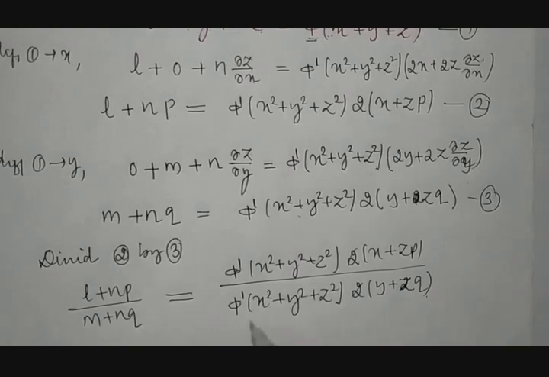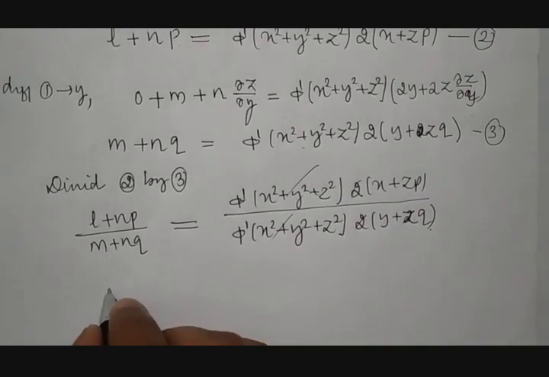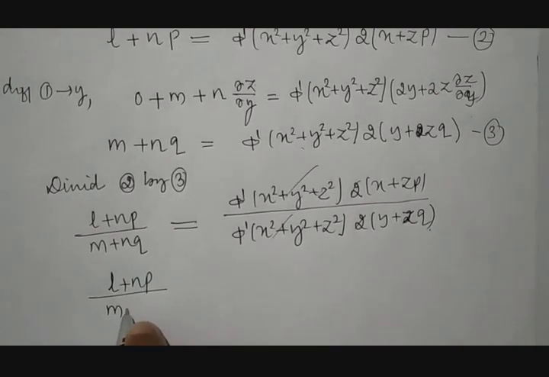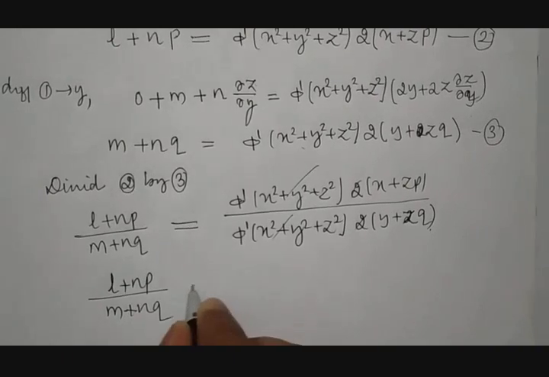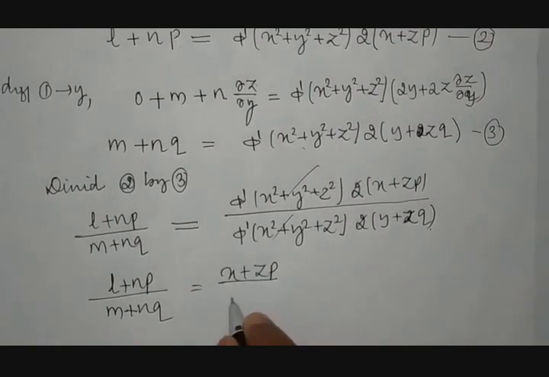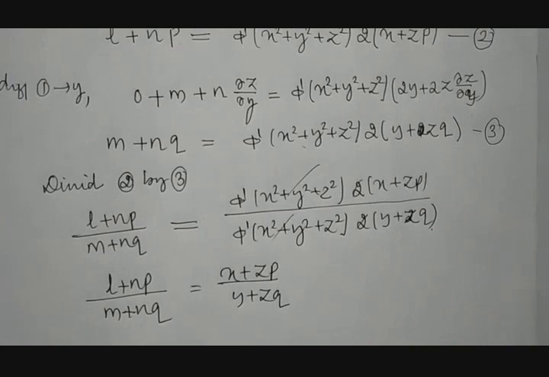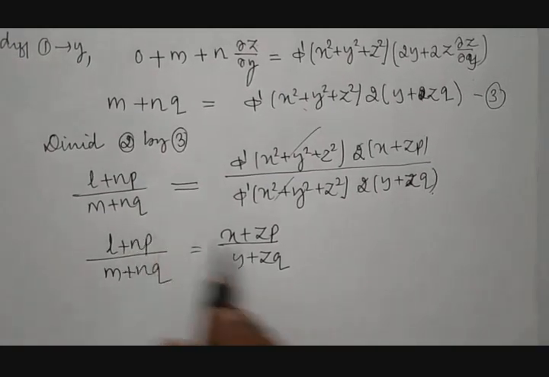Here 2 gets cancelled and this function also gets cancelled. Therefore, L plus np divided by m plus nq is equal to x plus zp divided by y plus zq. This is the term.